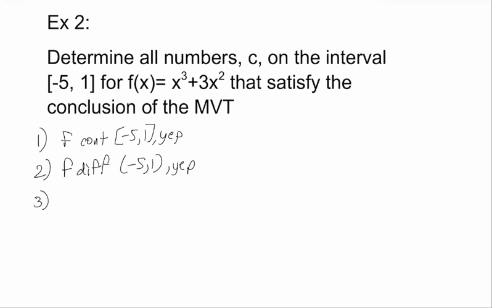So the third thing we do here is we find the slope for the endpoints. So it's f of 1 minus f of negative 5 over 1 minus negative 5. So it's just y2 minus y1 over x2 minus x1. What is the slope between the endpoints?